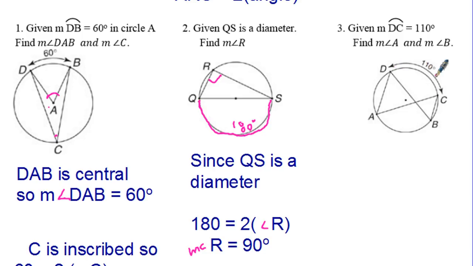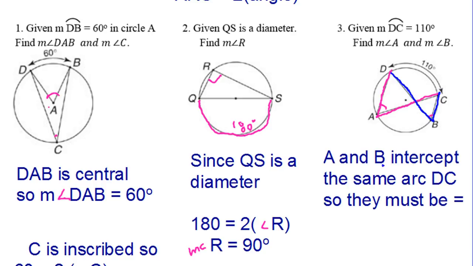Here we have DC is 110 degrees. They want us to find the measure of angle A and the measure of angle B. If you notice, DC is my ice cream, and the cone for angle A intercepts that ice cream, whereas if you flip it over and look at angle B, it also intercepts that same arc DC. So the two angles should be congruent.